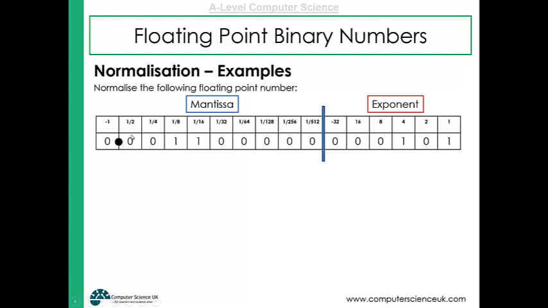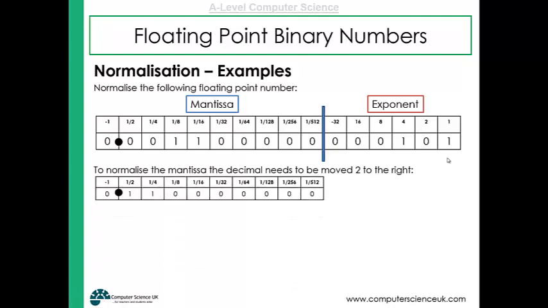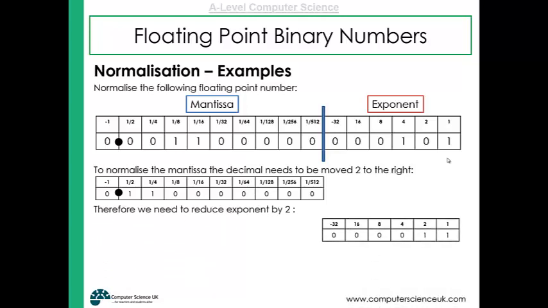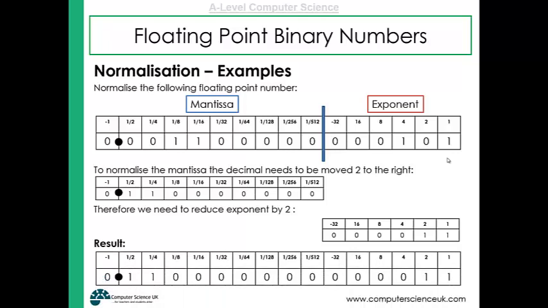So it needs to move 2 places to the right. Now if you move the decimal point 2 places to the right, you have to reduce the exponent by 2. So to normalize the mantissa, the decimal needs to be moved 2 places to the right, like so. And we therefore need to reduce the exponent by 2. So the result would be this floating point binary value.